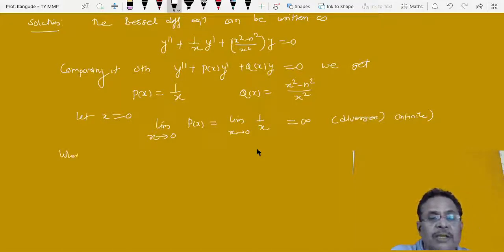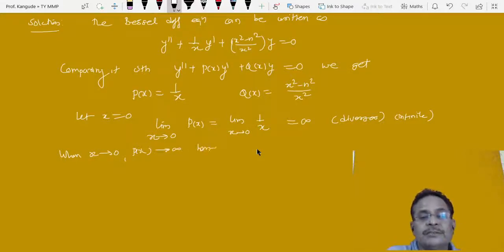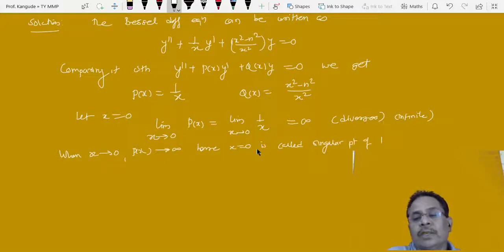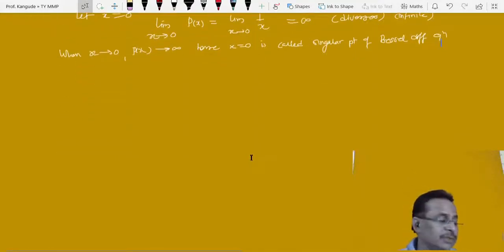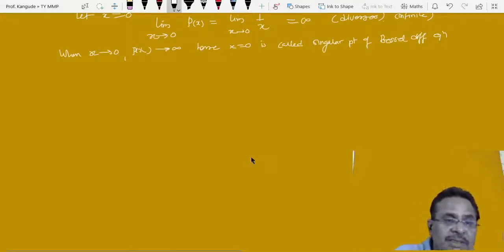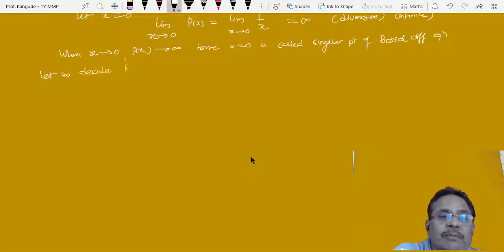Thus, when x tends to 0, p of x diverges or becomes infinity, hence x is equal to 0 is called a singular point of Bessel differential equation. This is called the singular point of Bessel differential equation. And now let us decide its singularity. Let us decide the type of singularity.